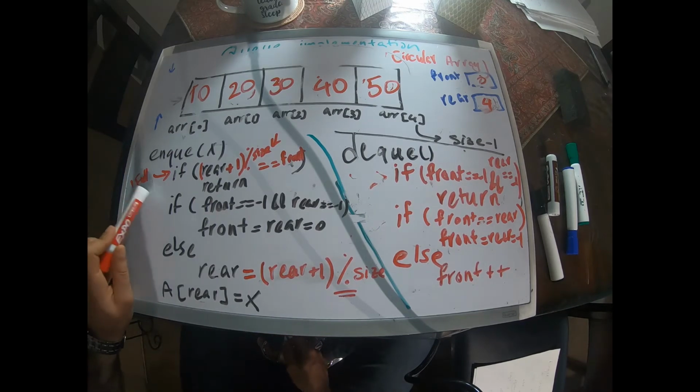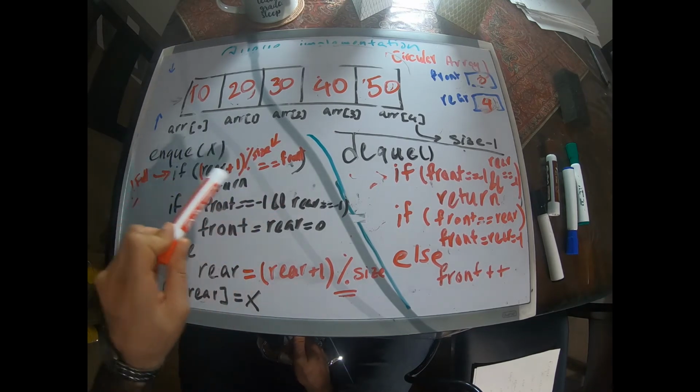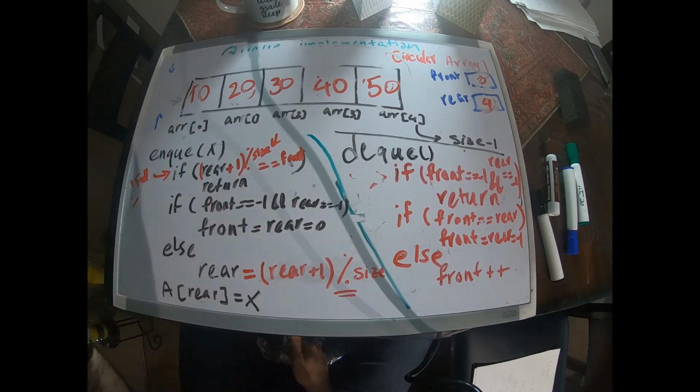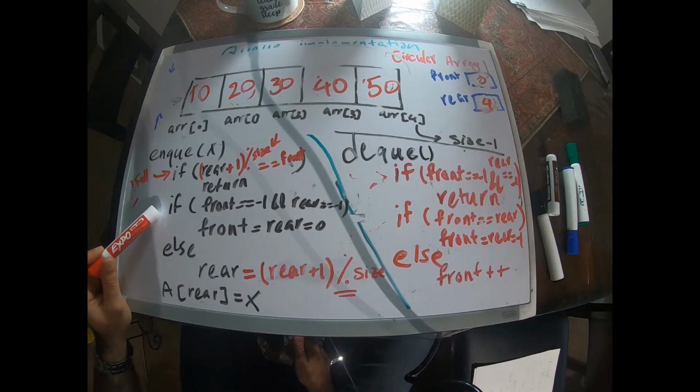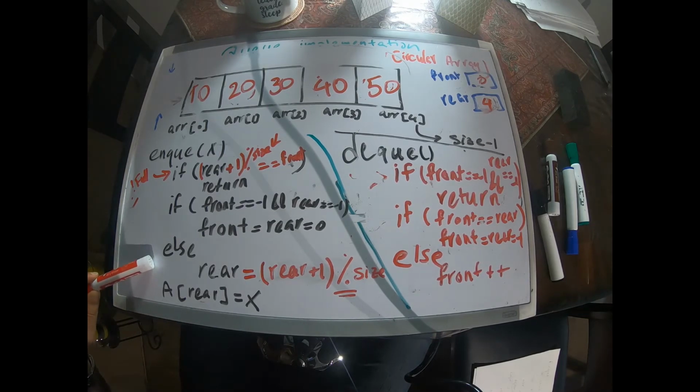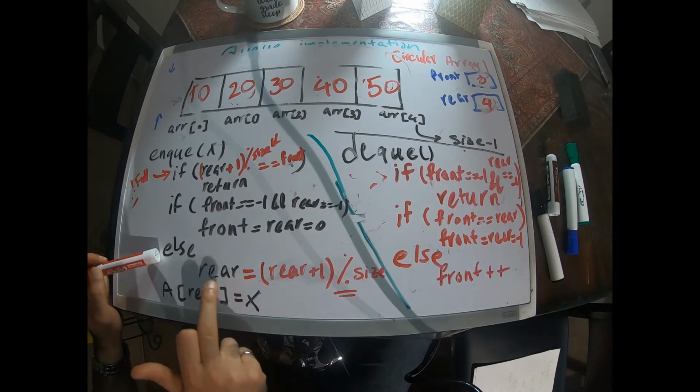We check if our Q is full, right? This is going to be the correct condition for all the scenarios that we saw. This is going to check if this is the first number that we want to NQ into the array, and this is going to be otherwise, right? If our Q is not full, and if this is not the first number that we want to enter, we're just going to change the rear.